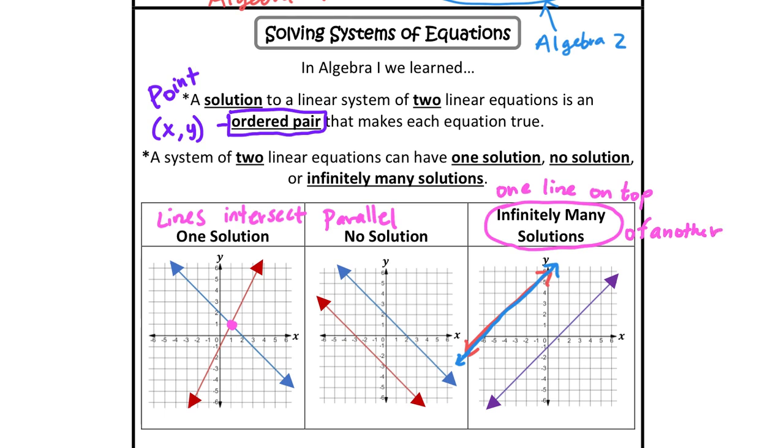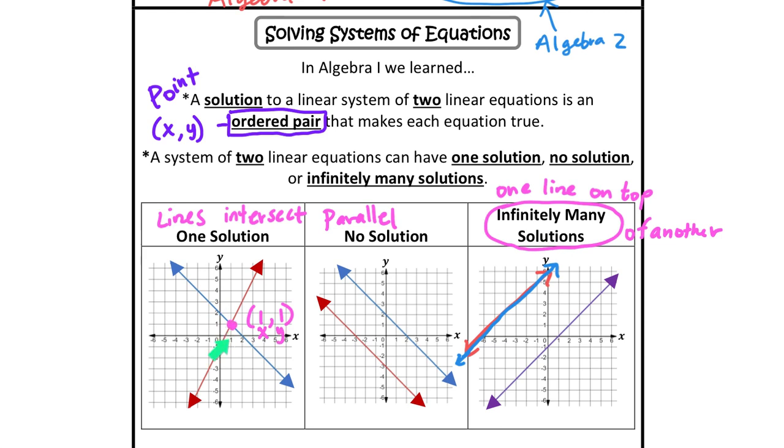Okay, so let's recap, right? So I can either have one solution, that means two lines are intersecting, and I have one point where they intersect. So what's the solution in this first picture? It's the coordinate 1, comma 1. So this is my solution, right? This is my x and my y.